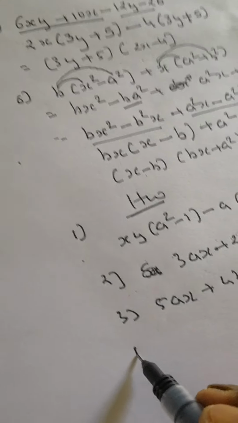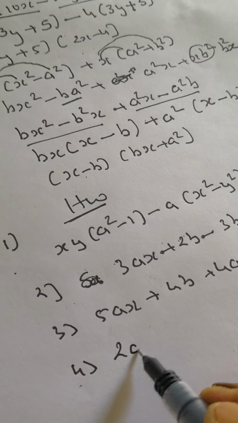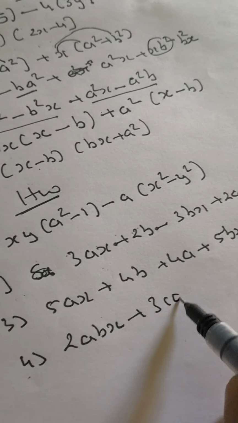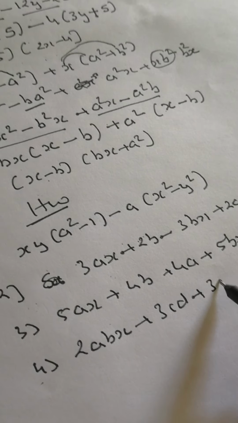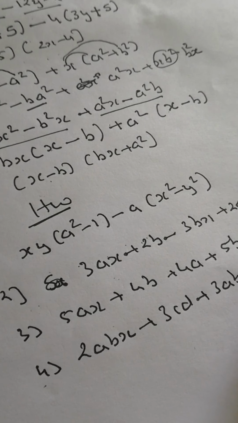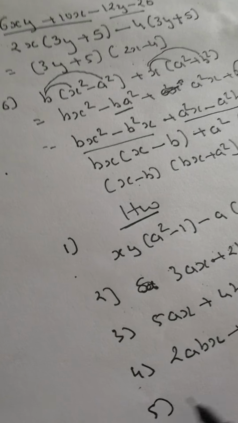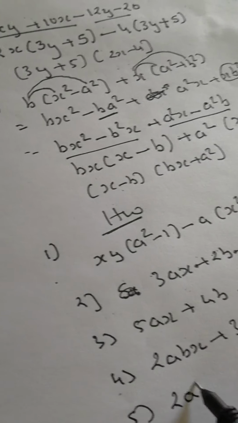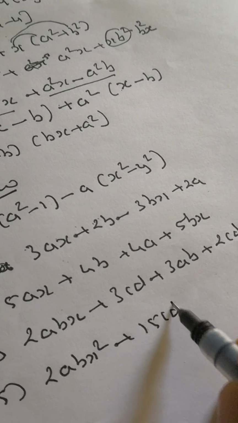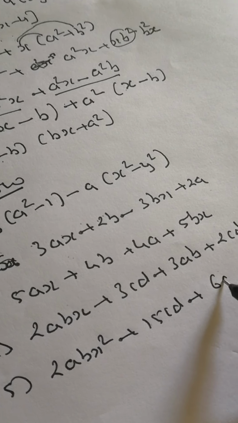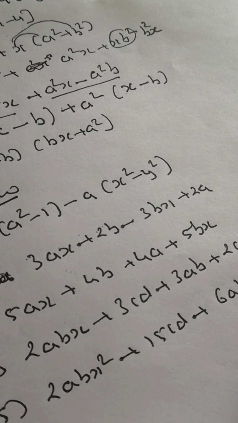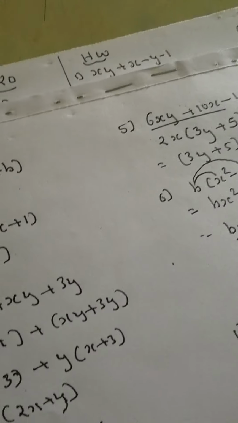The next sum, number 4, is 2abx plus 3cd plus 3ab plus 2cdx. And the last sum will be 2abx square plus 15cd plus 6ab plus 5cdx square.